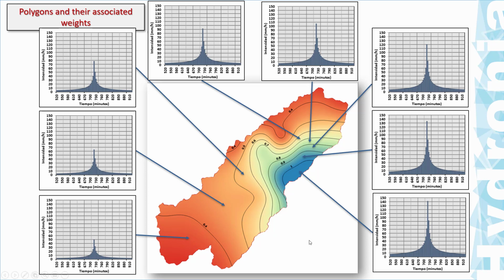And that's the way we can estimate the spatial variation of the precipitation in this case in the Santo Domingo Basin. Here we have the temporal variation, and here we have the spatial variation.